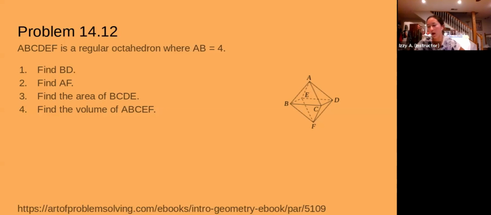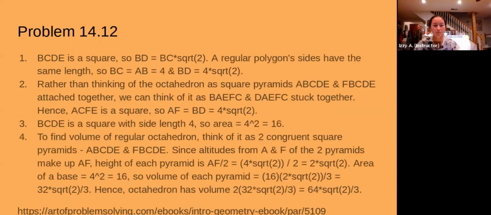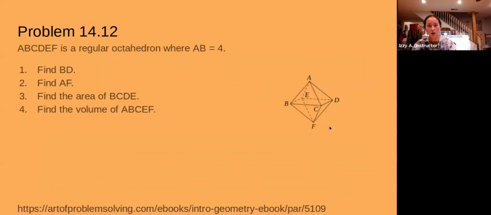Okay, I will go ahead and go over this problem. BCDE is a square. So I'll toggle back between the slides. But BD is going to be equal to BC times the square root of 2, because it's going to be a 45-45-90 triangle that's going to be formed if you draw BD.